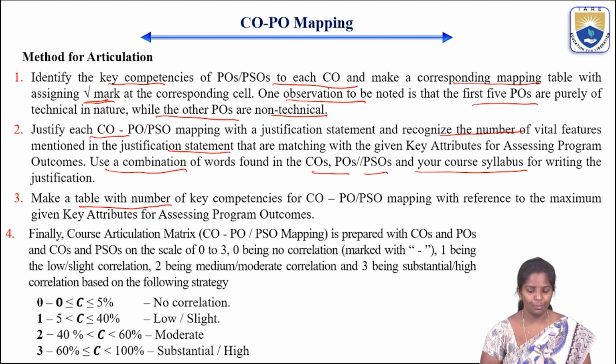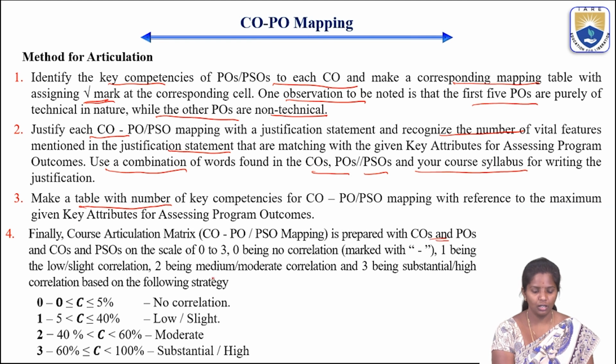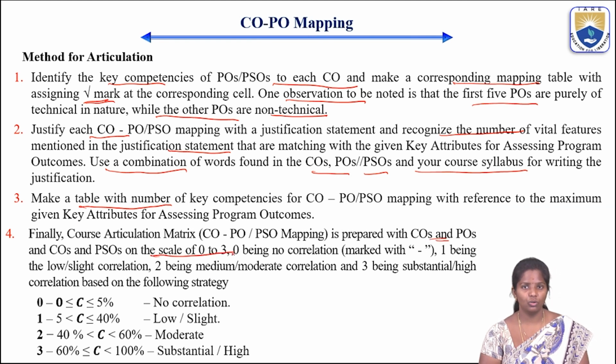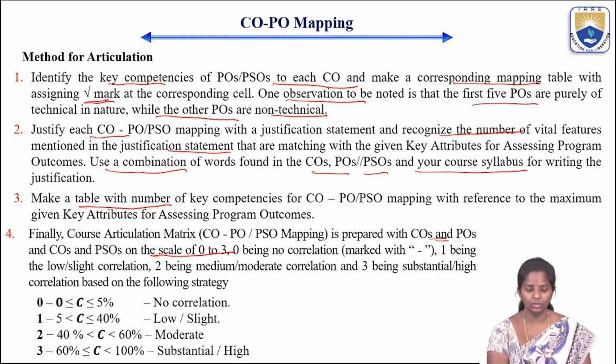Finally, once the mapping is prepared, the CO-POs are measured on a scale of 0 to 3. If there is no correlation, it is given a hyphen.